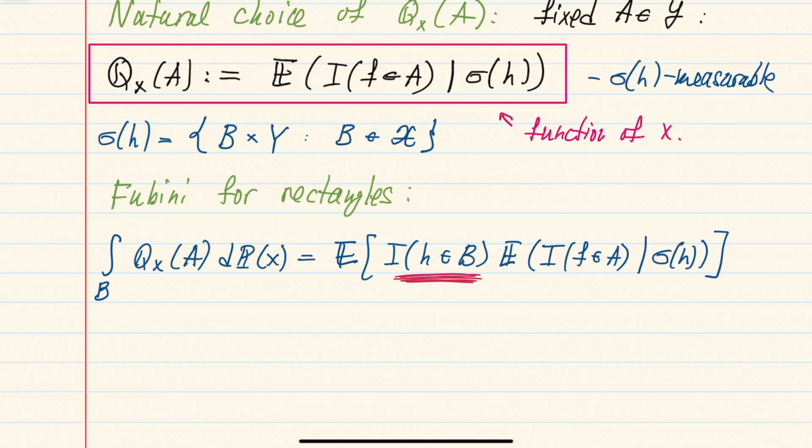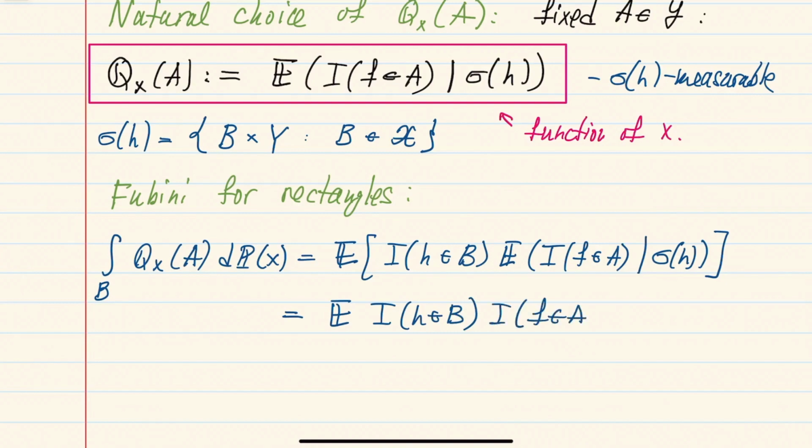Right, and so this first indicator, it's of course H measurable, and by the definition of conditional expectation given sigma algebra generated by H, this average over the set B should be the same as the unconditional expectation over the set B of this indicator that F belongs to A. Okay, but this is of course just a probability that we have on our product space, so it's the measure mu exactly of this rectangle B on the first coordinate and A on the second coordinate.